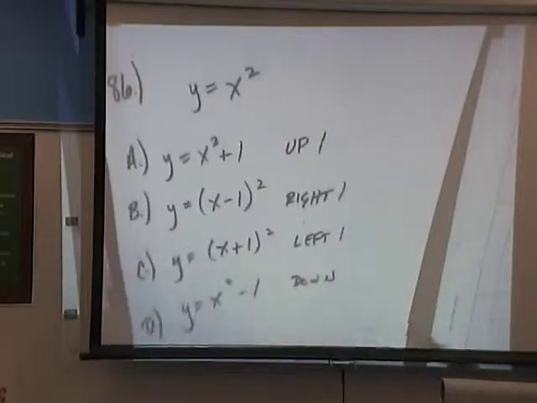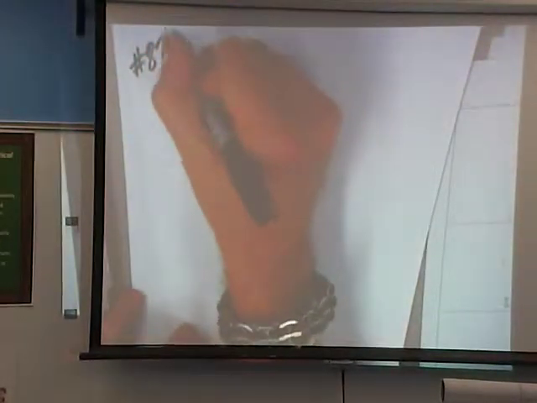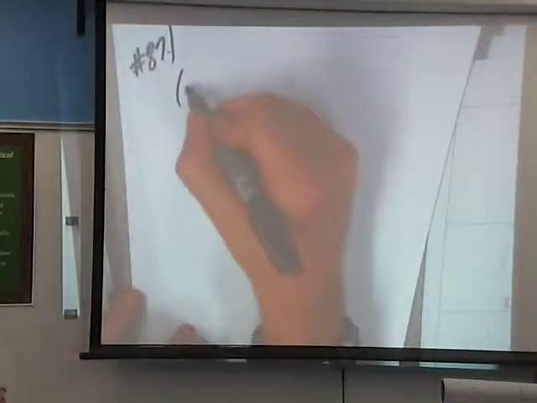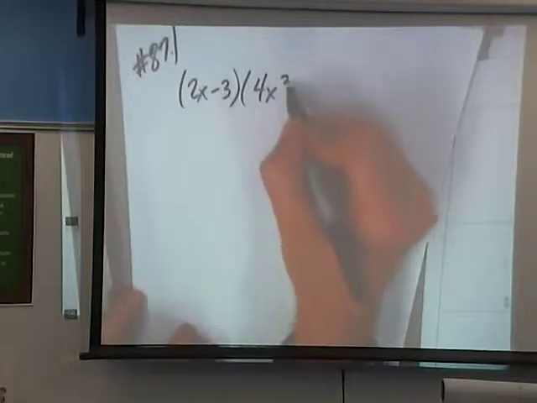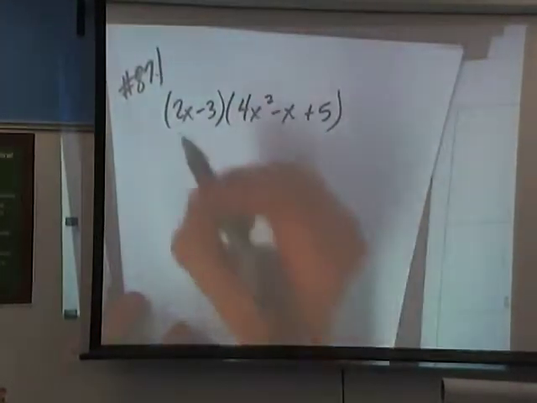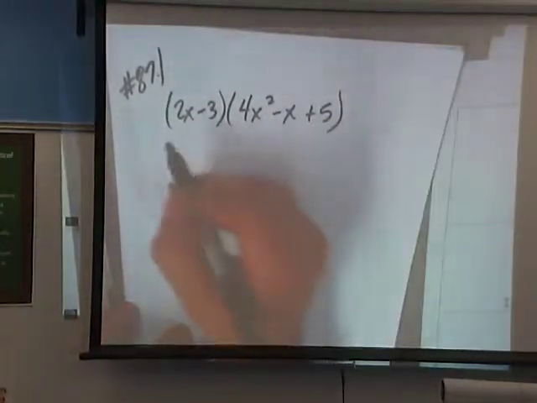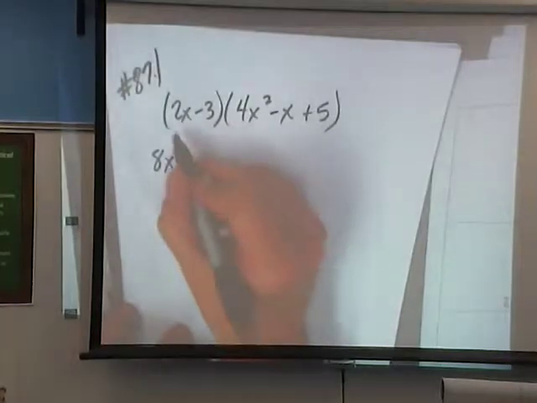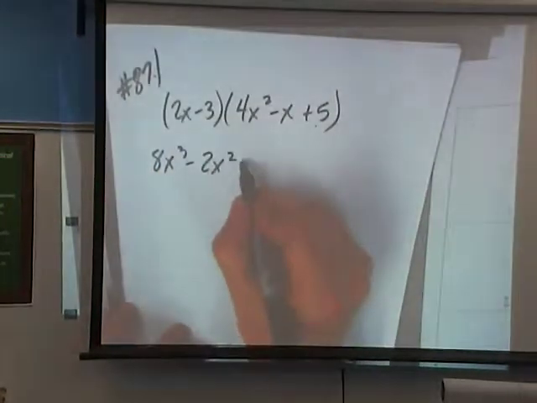87. Multiply the polynomials. 2x minus 3 times 4x squared minus x plus 5. To multiply these, I'll take the 2x and distribute it to everything in the second polynomial. So it'll be 8x cubed minus 2x squared plus 10x.